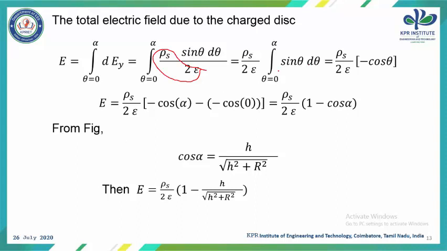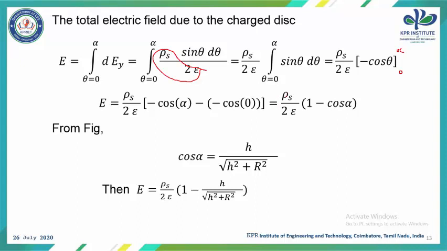Now what is the integration of sin theta? Minus cos theta. The limit is 0 to alpha. Just substitute the limits here. E equal to rho s divided by 2 epsilon times minus cos alpha minus of minus cos 0. You know how to substitute the limits, that is upper limit minus lower limit.